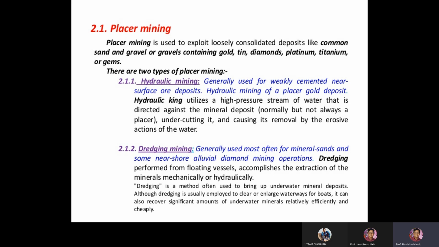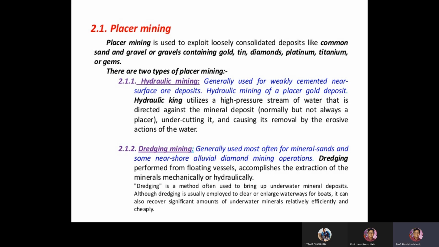So what is placer mining? Placer mining is used to exploit loosely consolidated deposits. If the deposits are loosely consolidated, then you can go for placer mining. What type of minerals can you mine with placer mining?